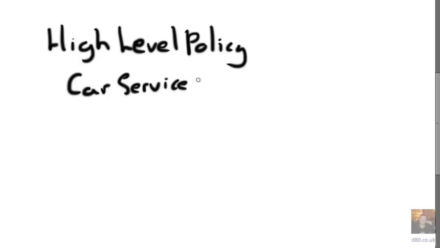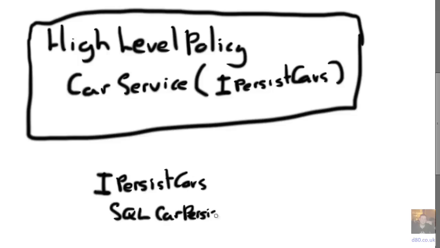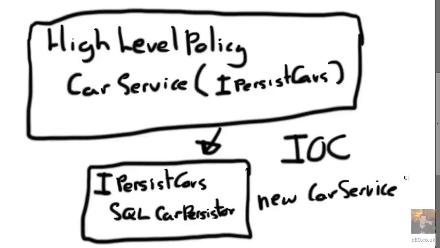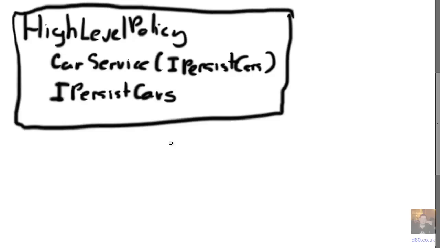So that violates the dependency inversion principle, because what should happen is that your high-level policy owns the IPersistCar abstraction. So this is what the IoC container is doing. It's basically just saying, I new up my high-level policy, the car, but the high-level policy still depends on the low-level IPersistCar abstraction because it's in the same module.